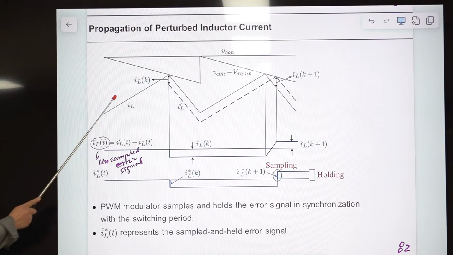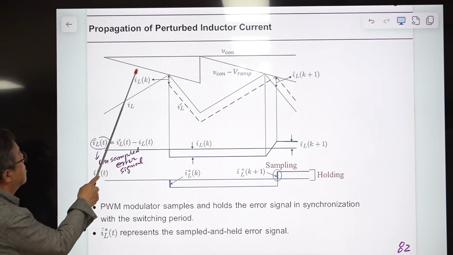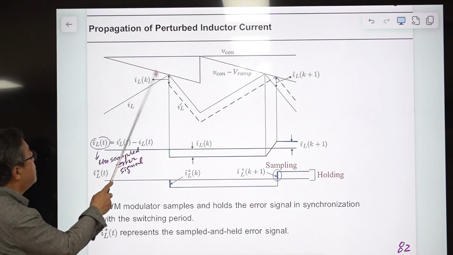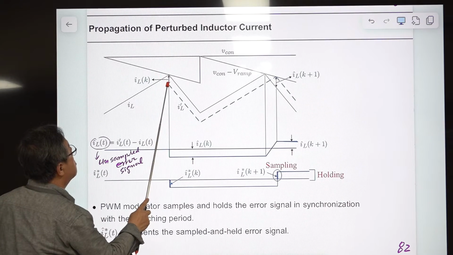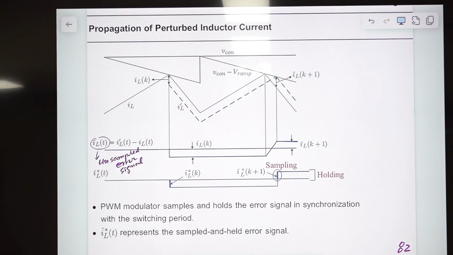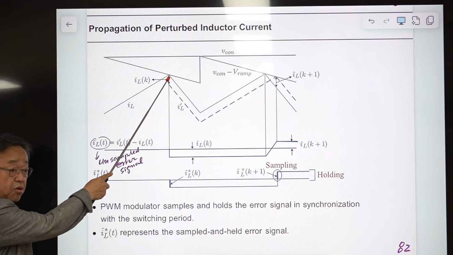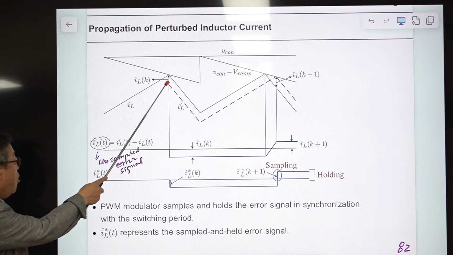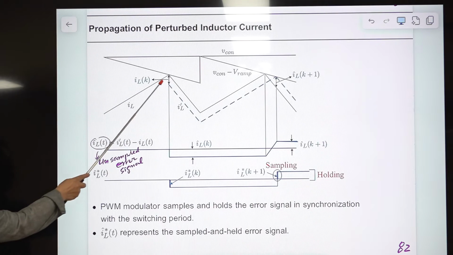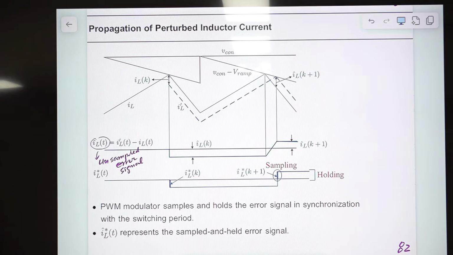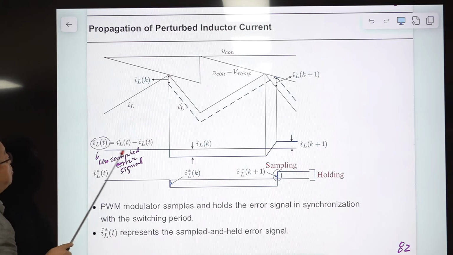Now assume somehow at this moment a disturbance is introduced here. So IL k hat is the disturbance at the k-th switching period. In the middle of the k-th switching period, this disturbance is introduced. This is the disturbed IL waveform. This is the original undisturbed IL waveform, and we define IL hat as the error signal, the error between here and here, defined as this minus this, so it becomes positive.